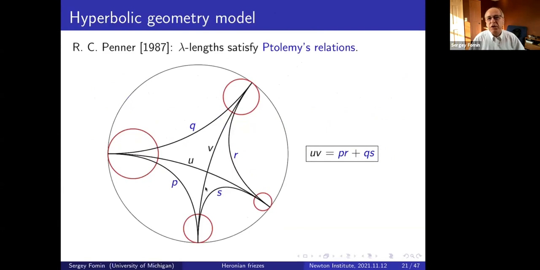Now, the explanation for all these phenomena comes from cluster theory together with the interpretation of these things as geometric quantities. So we interpret them as certain lambda lengths, and they satisfy Ptolemy relations. So this provides an intrinsic interpretation to each entry in the frieze or each diagonal, the variable associated to it.